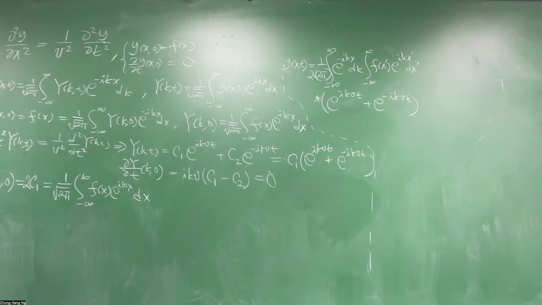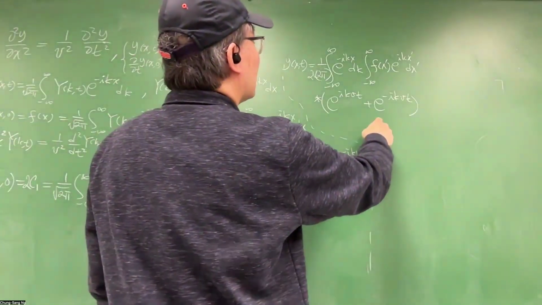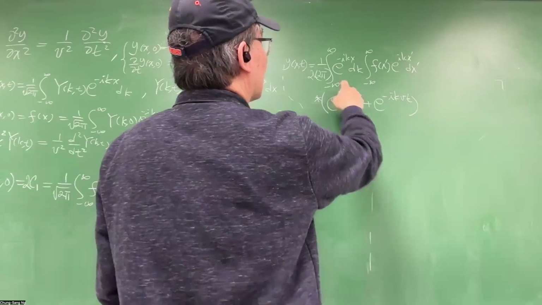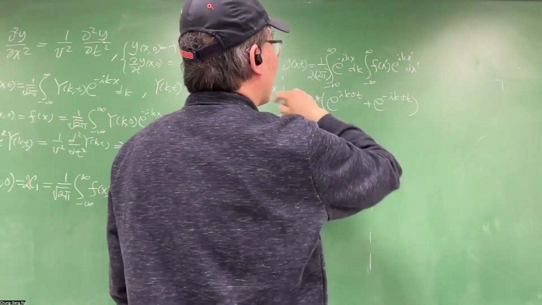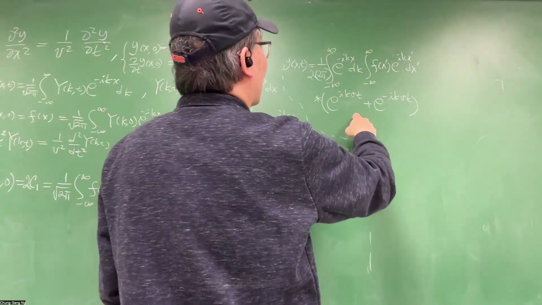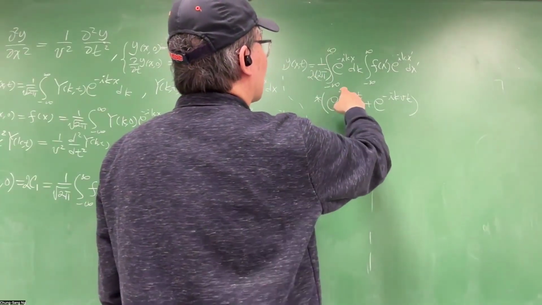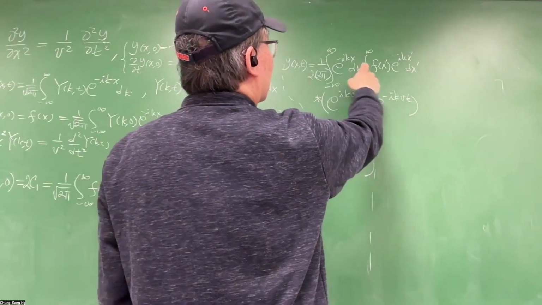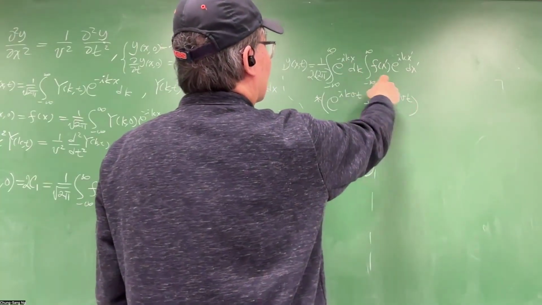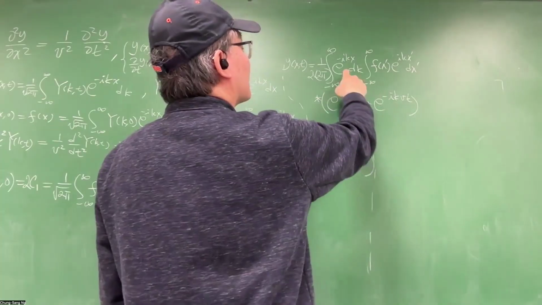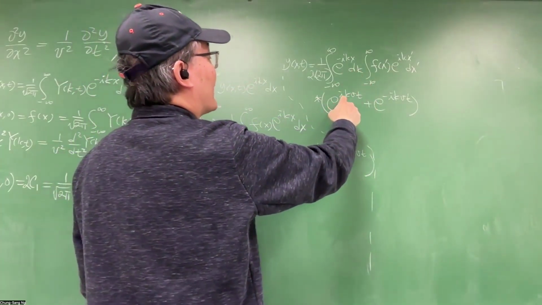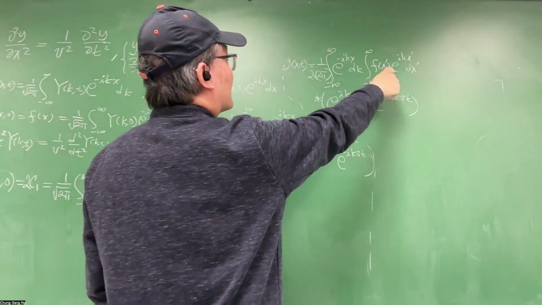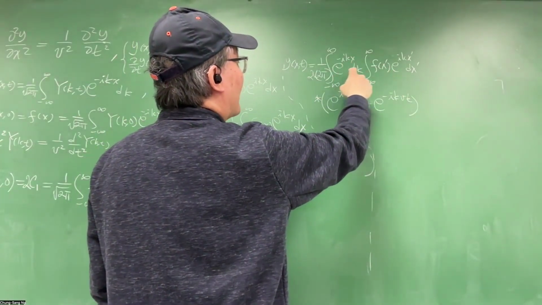Now you just evaluate the integral. There are two integrals. One is dk, one is dx prime, and you can do the k integral because every factor has an exponential function, right? So then combine the k into a single exponential function.